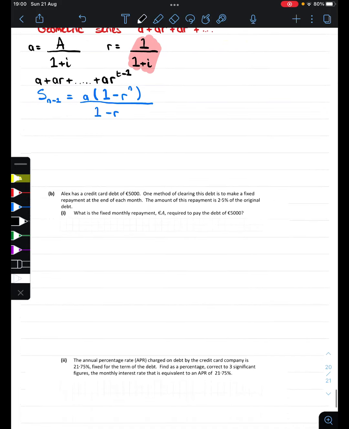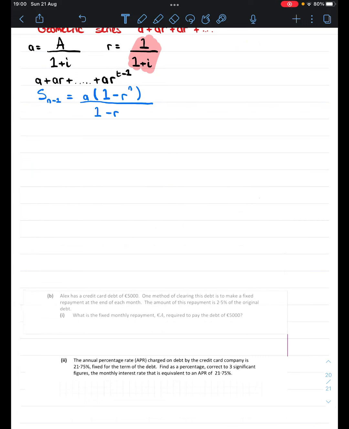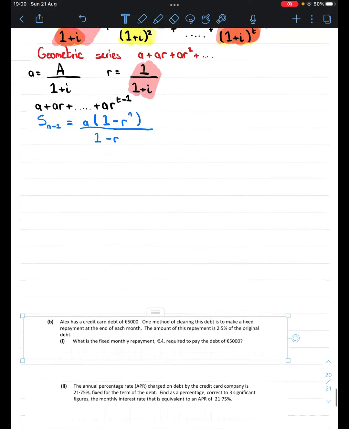Okay, so let's fill in our values of a and r.